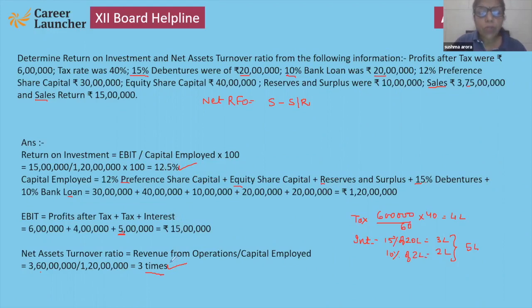So you will write the formula, you will write the suffix, show the calculation properly. If you write the formula, you will get the marks for that also. Please note down.